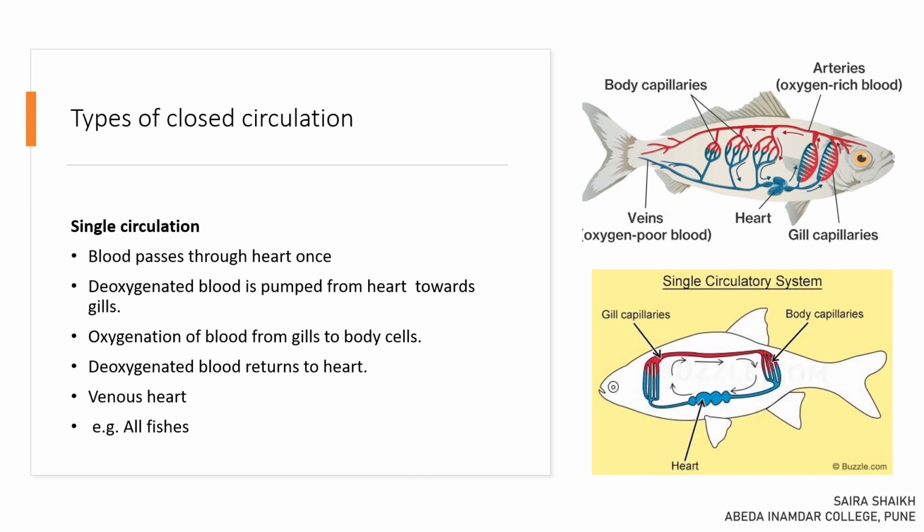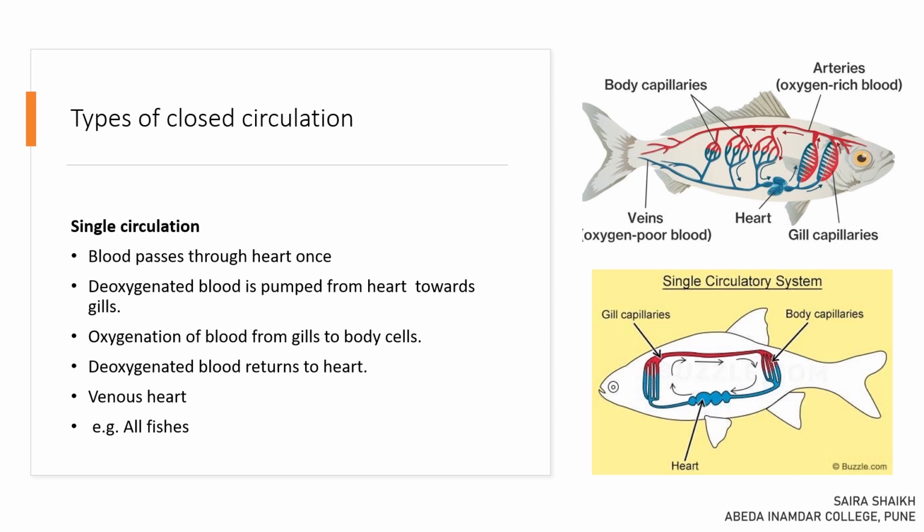There are two kinds of blood circulation: single blood circulation and double blood circulation. In single blood circulation, the blood passes through the heart once in each cycle. Hence, the circulation is termed single circulation, which is observed in all fishes.